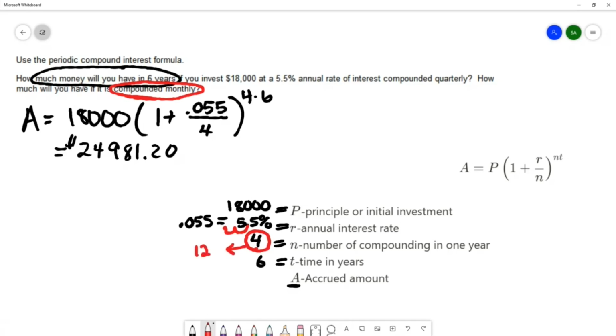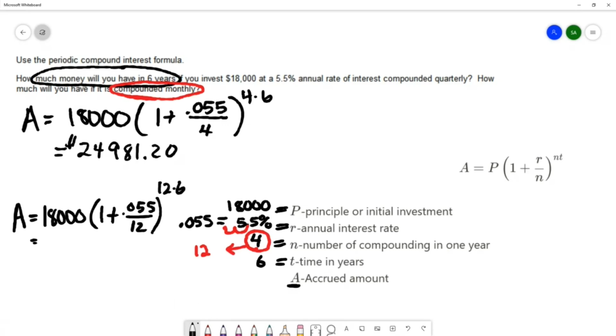We compound monthly, that is 12 times a year. Interest is added in. Everything else in our formula will be the same. 18,000 times 1 plus 0.055 over 12 raised to the 12 times 6.